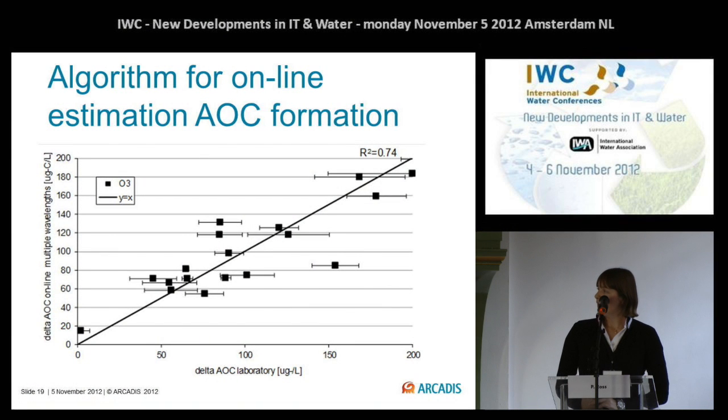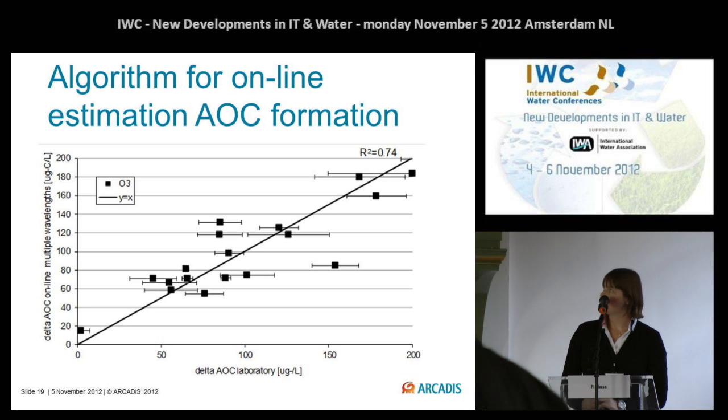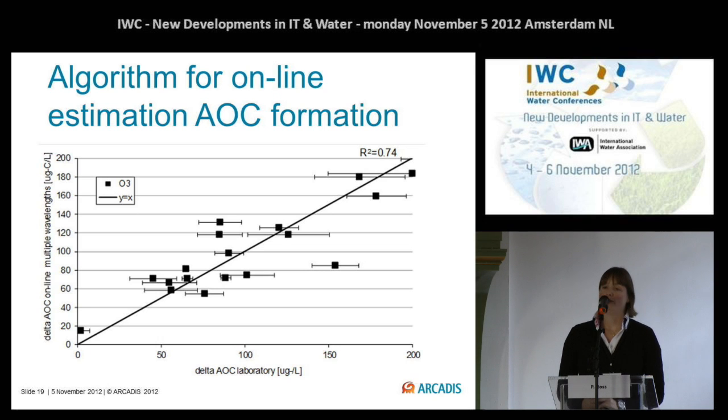As you can see, we determined an algorithm for the change in UV-Vis correlated to the AOC formation. There we found that we needed 5 wavelengths. With those wavelengths, we can quite accurately determine the AOC concentration that's formed during ozonation.